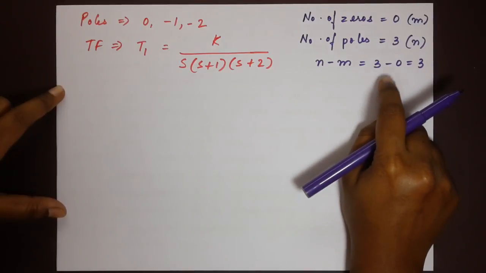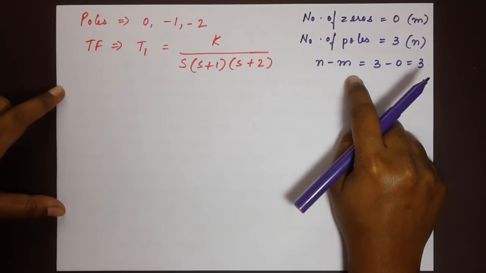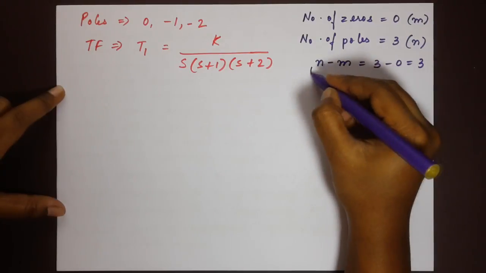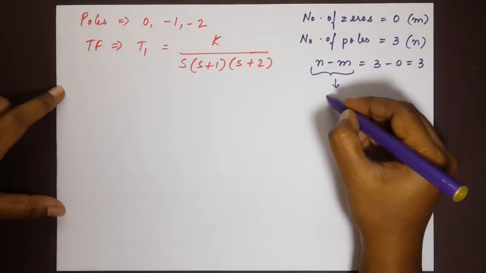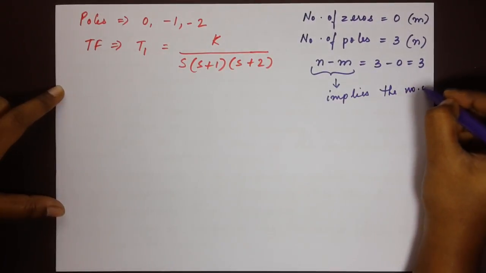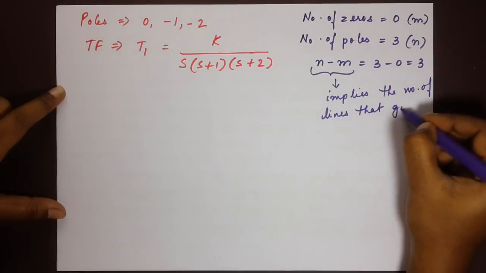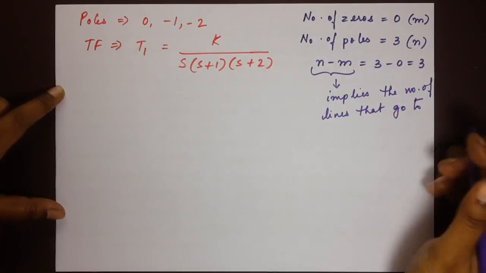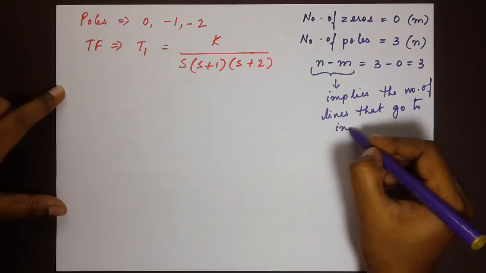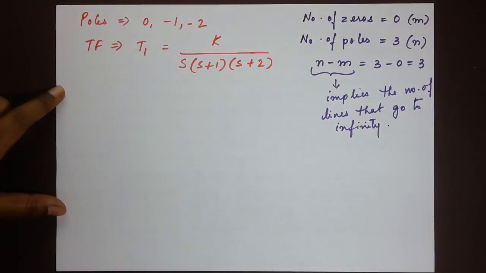Now this is important because n minus m implies the number of lines that go into infinity. Okay, now the next step is to see from which point these lines go into infinity.